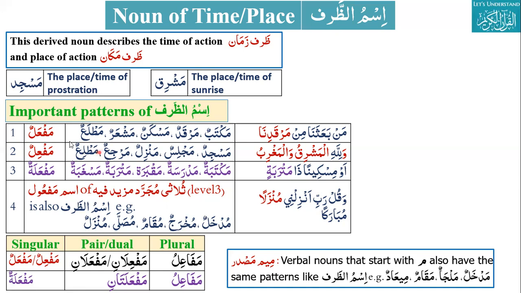My question is: we are talking about the time of action and the place of action. Both have to be there to call it ismu zarf, or can just one of these two be enough? Probably it depends upon the situation. Sometimes there is a possibility. I'm not sure, I cannot explain with an example. Brother Shahbaz, you can comment on this.